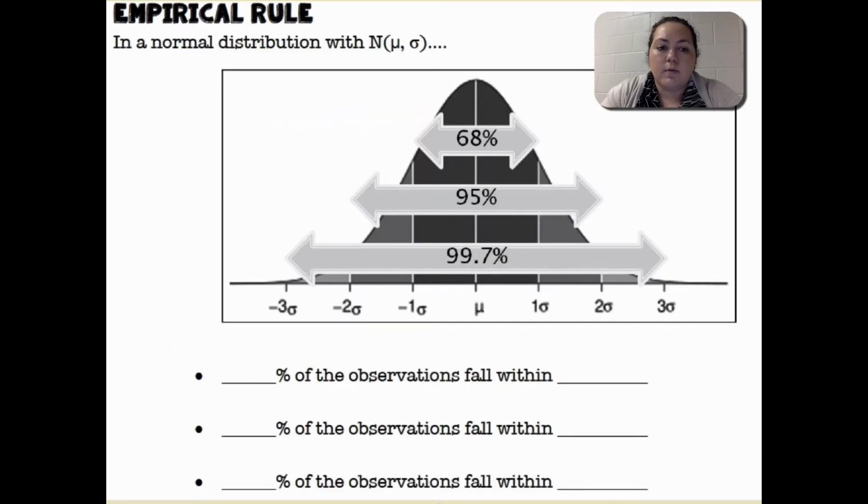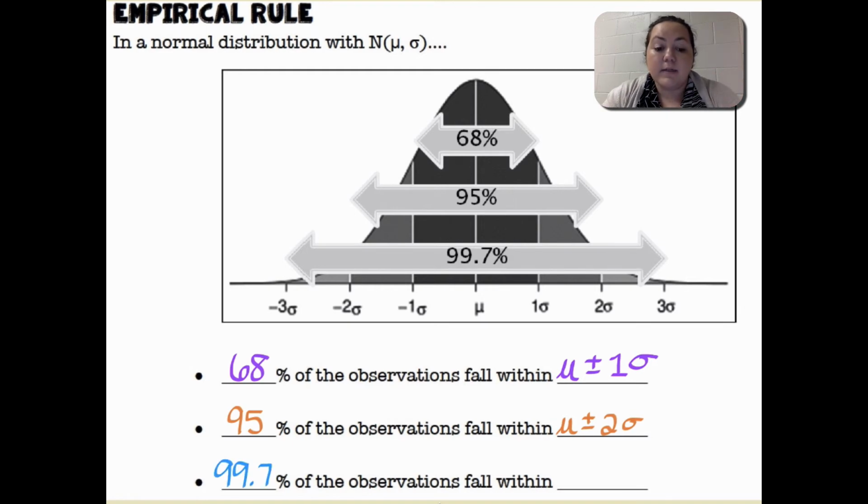The empirical rule. In a normal distribution with a mean of mu and a standard deviation of sigma, there's this rule that tells us about how much percent falls in between each set of standard deviations. 68% of the data falls within one standard deviation above or below the mean, so the mean plus or minus one standard deviation. 95% of the observations fall within two standard deviations, so the mean plus or minus two standard deviations.